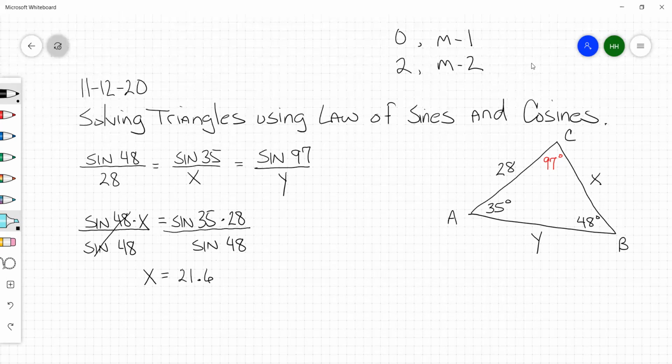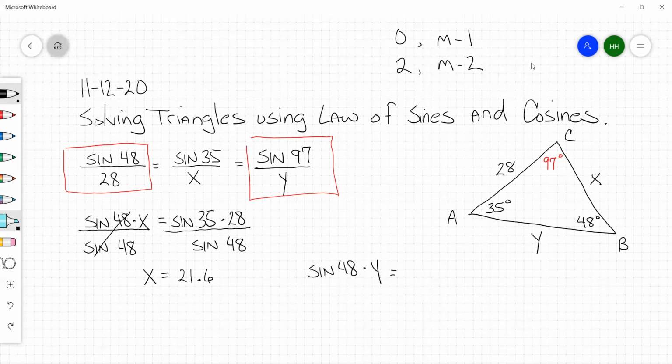And now what you can do is with this same extended proportion, we're just going to take this first ratio, and now we're going to multiply it by the third ratio to solve for y. So we're going to do sine 48 times the y equal to sine 97 times 28.